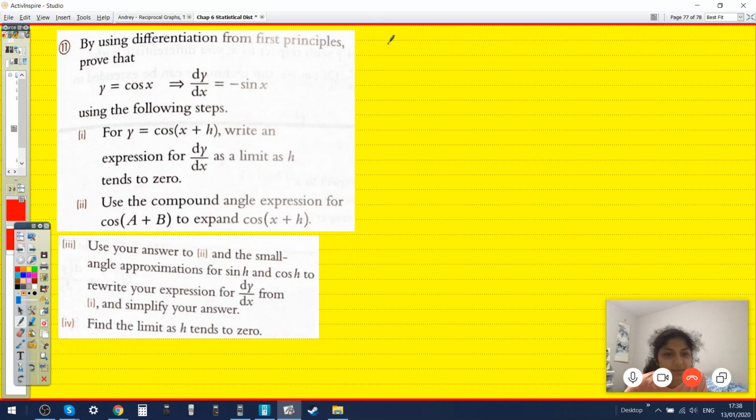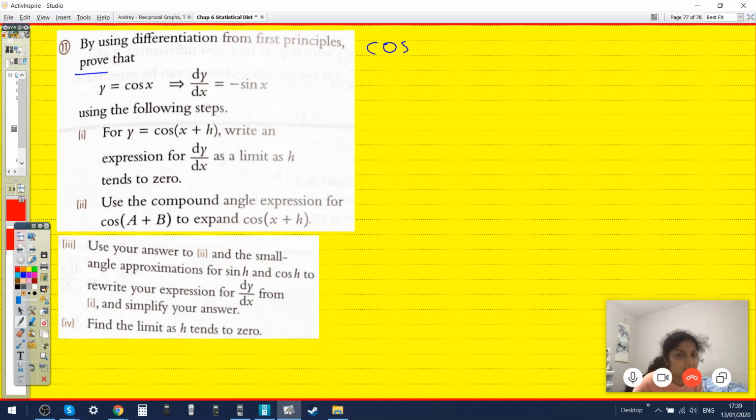So cos of x plus h minus cos x over h. Hold on, you can't just skip into the middle. Oh, it's the first part though. Using the following steps, write an expression.